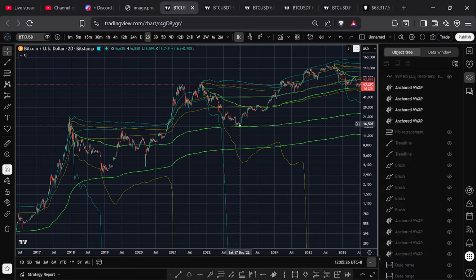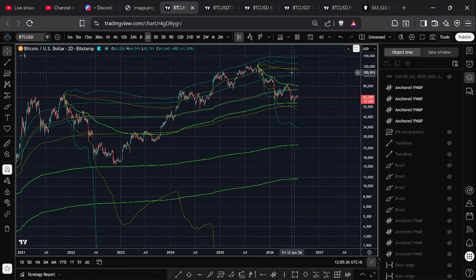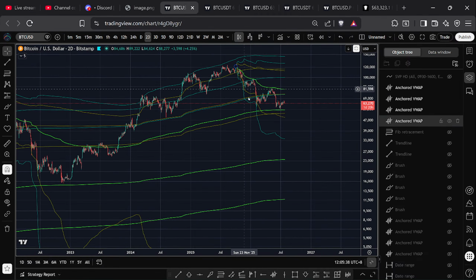So now we will have a look at the yellow and the blue for this current one. So we can see here the yellow holding, and now it's moving away.